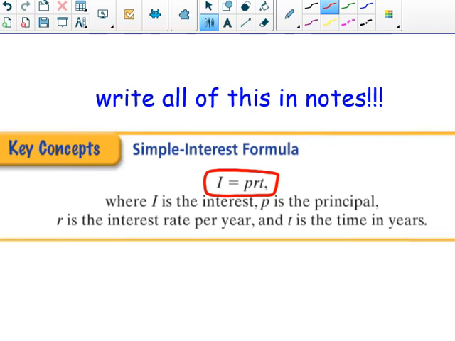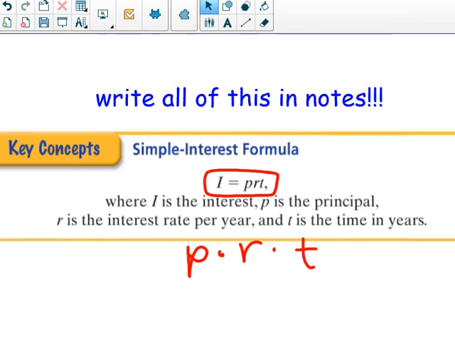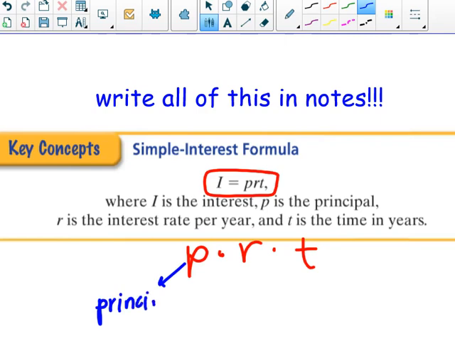So, in order to find the interest, you take P times R times T. It says where P is the principal. Are you ready? R is the rate.